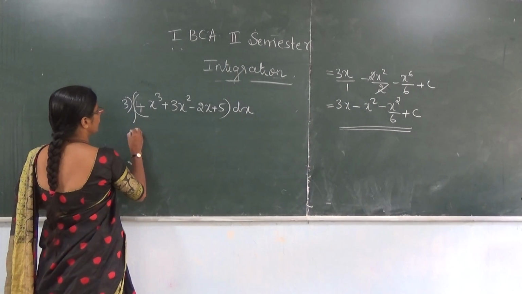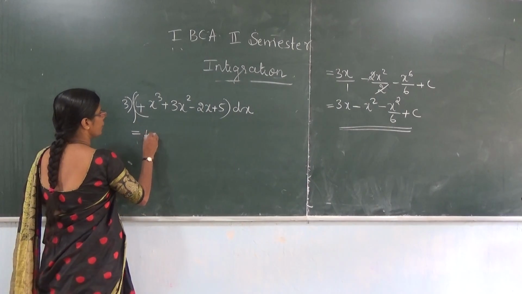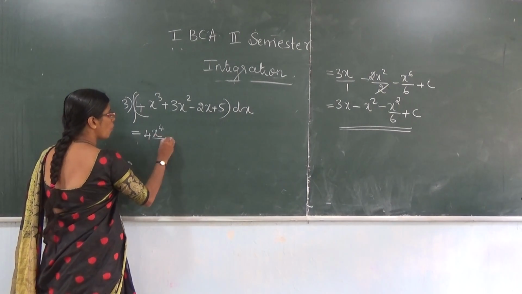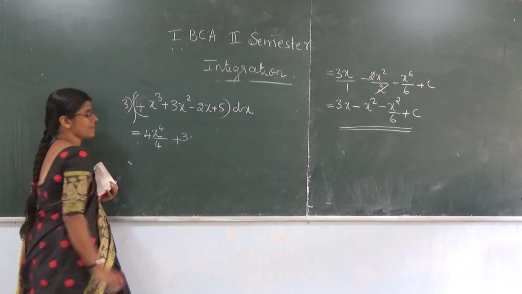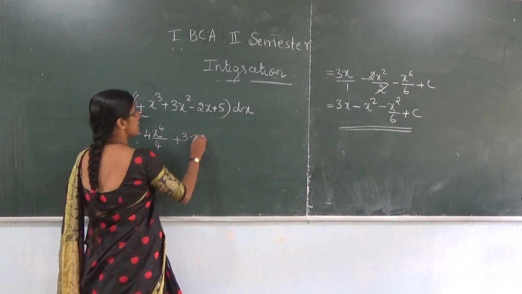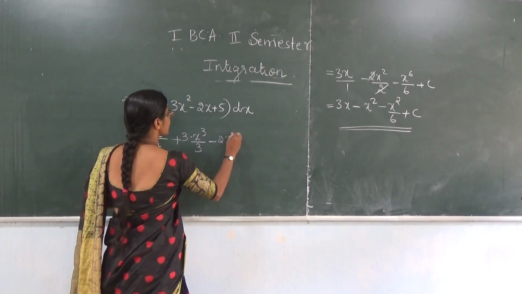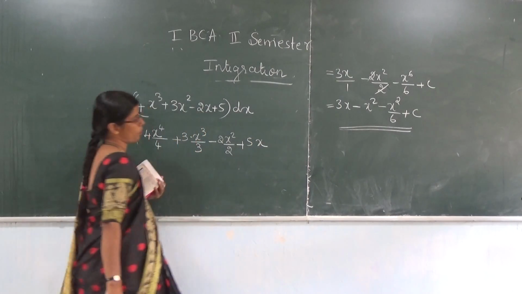So that is equal to integration of, here 4 is a constant, you keep as it is, x to the power 3 plus 1, that is 4, divided by 4, plus 3 constant, keep as it is, x square, that is x cube by 3, minus 2 x square by 2, plus 5. Already in the previous problem it is solved.